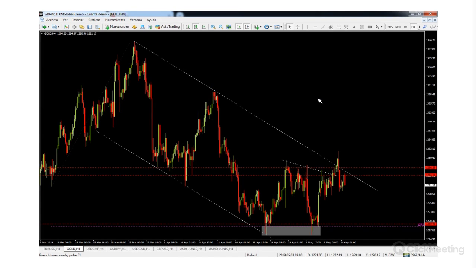First of all, let me tell you about our positions in gold. This gray square that you see at the bottom, at around the 1276 level, was our buy zone. Last week we bought gold.